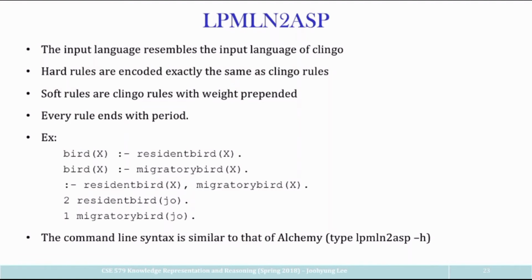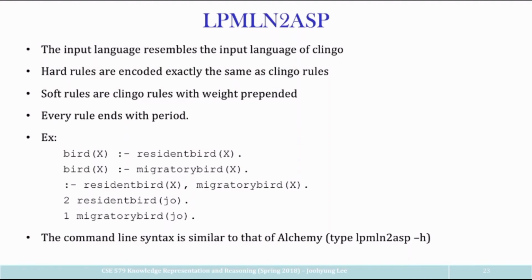The first implementation is LPMLN to ASP, so the input language is very close to Clingo. In fact, the only difference is that you can assign the weight. You can prepend the weight in front of the Clingo rules. Otherwise, these are the same. So soft rules are Clingo rules with the weight prepended, and every rule must end with a period.